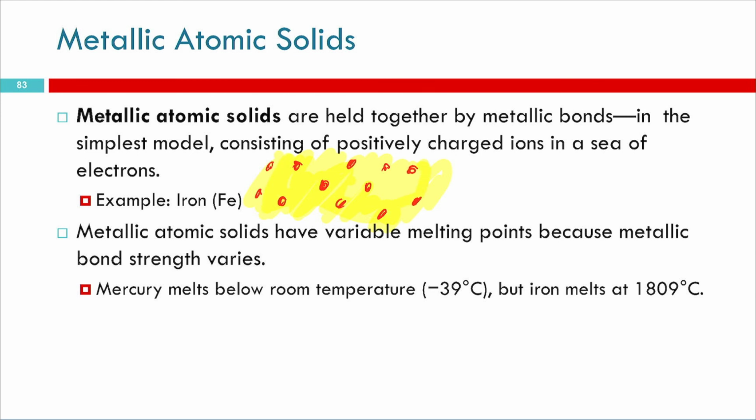This also explains why metals conduct electricity. So metallic atomic solids have variable melting points because metallic bond strength varies so much. Mercury being, like I've mentioned a couple times now, negative 39 degrees C, but iron melts at 1,809 degrees C.